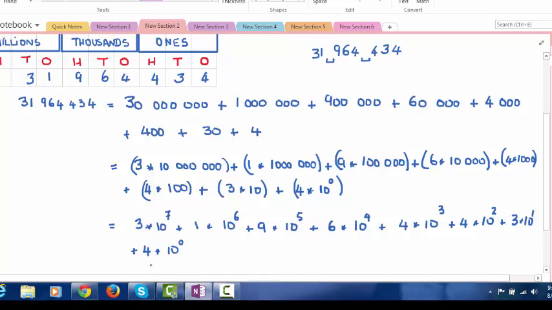And this is how we can transfer the number from standard form to expanded form.